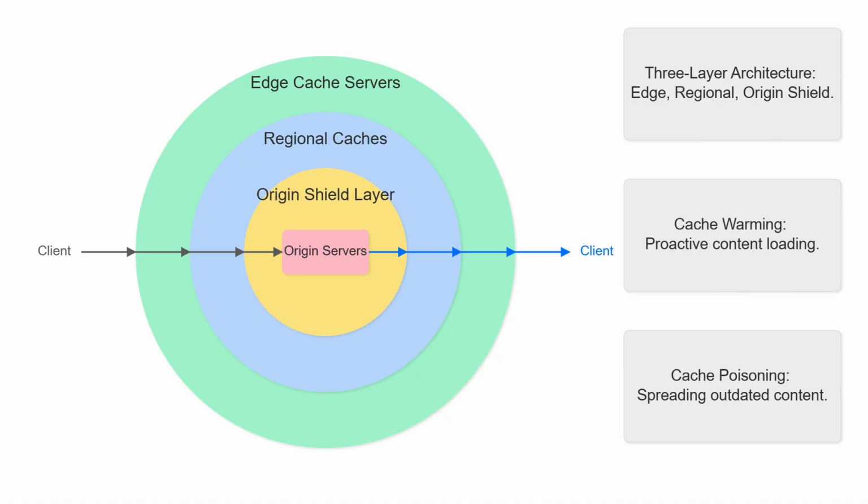To truly handle the demands of dynamic content, modern social platforms employ a three-layer CDN architecture. At the forefront, closest to your users, are the edge cache servers. These primarily serve static content like profile pictures and videos and handle the vast majority of requests. Behind them, we have regional caches.